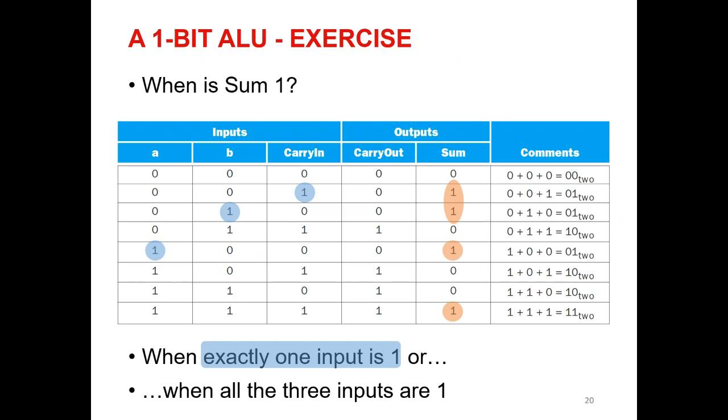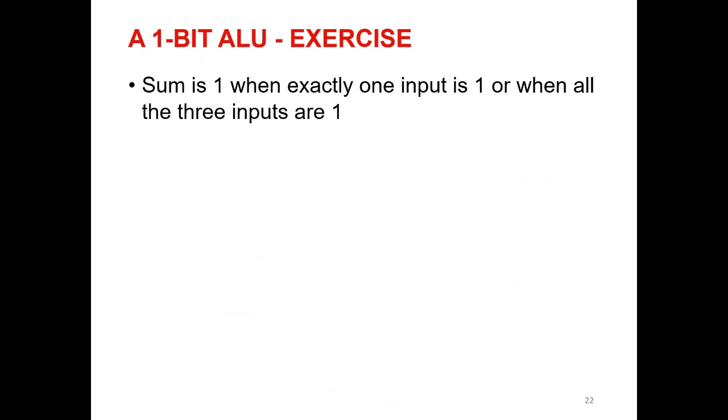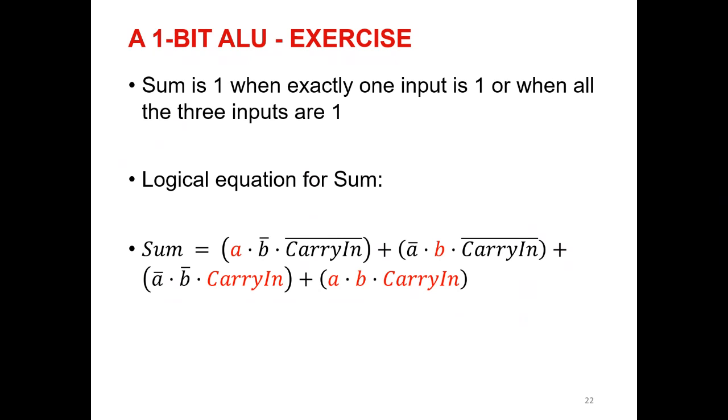This only happens when exactly one input is 1 or when all 3 inputs are 1. So the logical equation for the sum will be as follows. With this part of the equation, we are saying, if A is 1 and B is 0 and carry in is 0, then the sum will be 1.